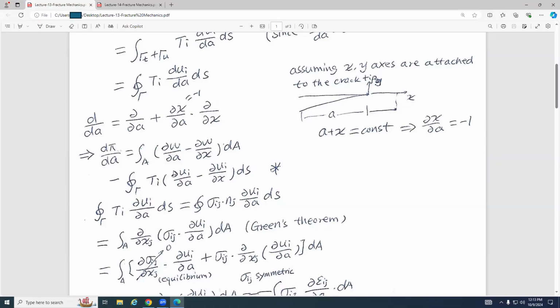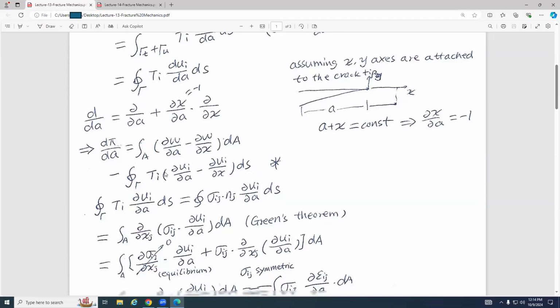And finally, we found that the integration of Ti, dui, dA, ds equals this integration. That means this guy equals this. So this equation can be simplified to only this one and this one. That's the reason we did the following derivation.